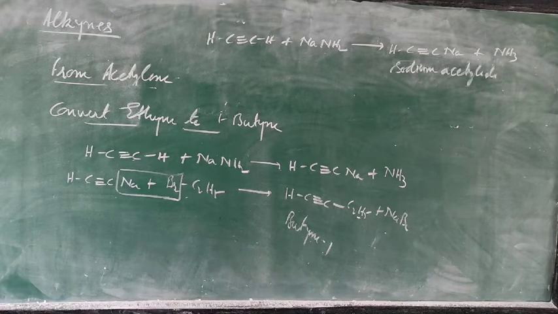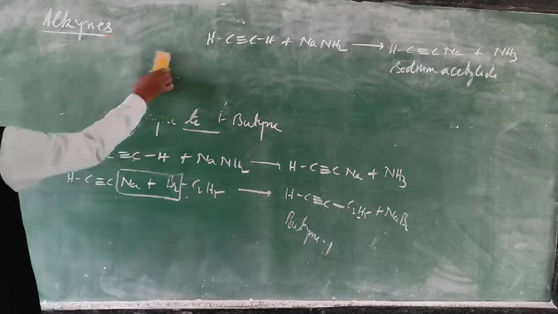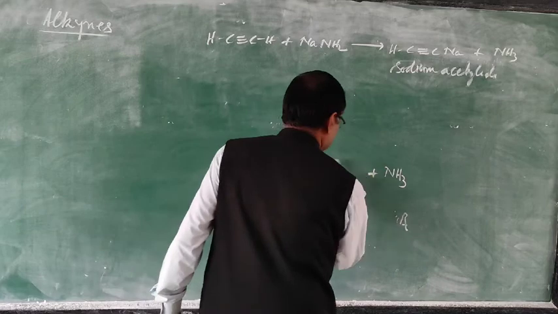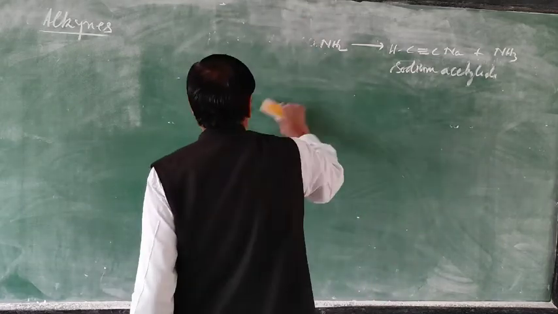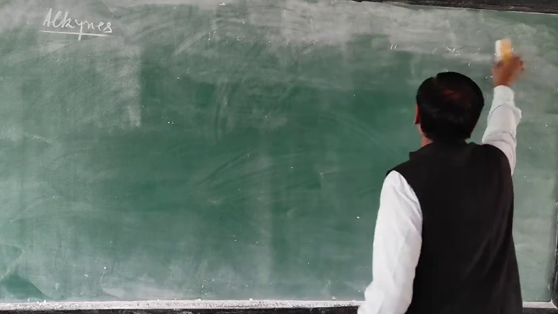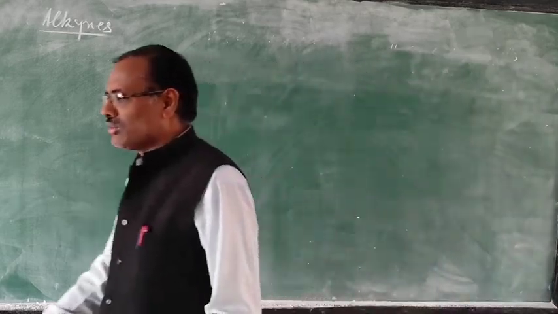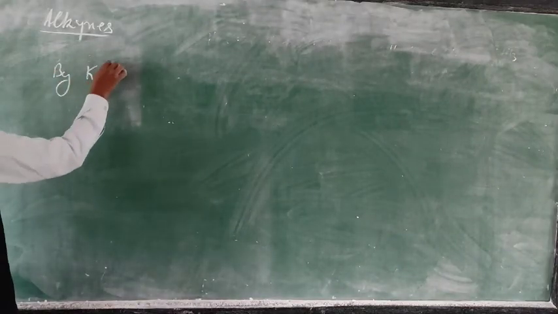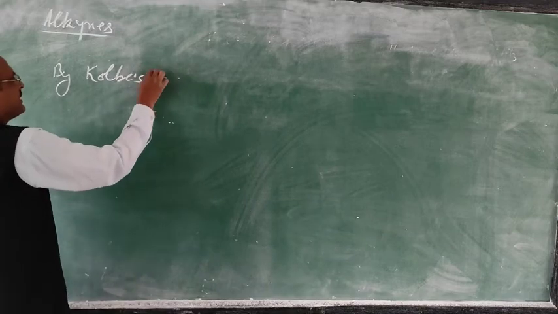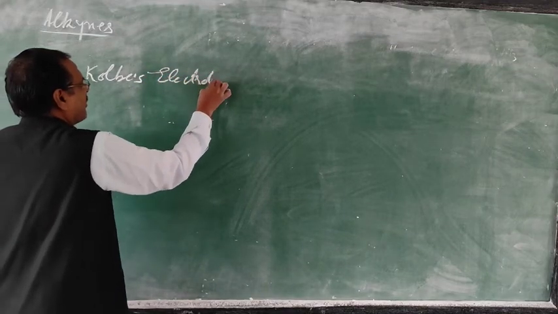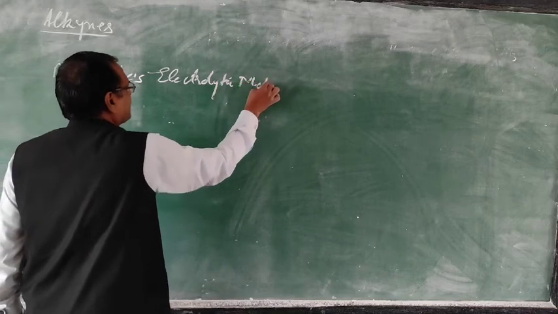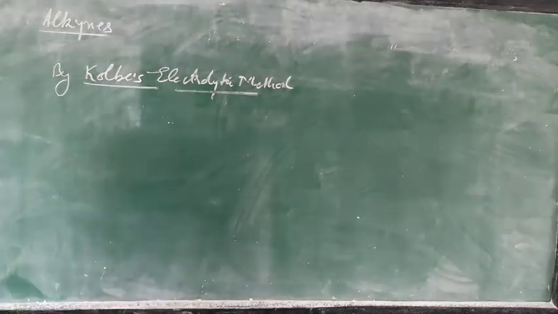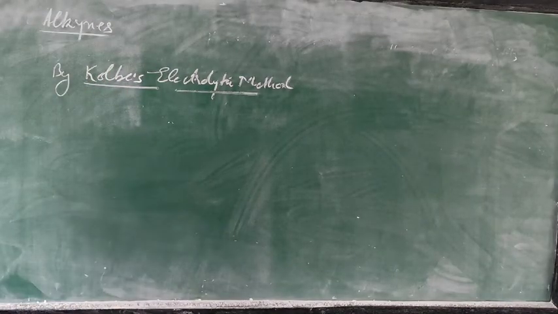Now next one is Kolbe's electrolytic method. So this Kolbe's method was studied in the first two, alkane and alkene, and now this is the last one for alkynes. By Kolbe's electrolytic method, we can get ethyne at anode.